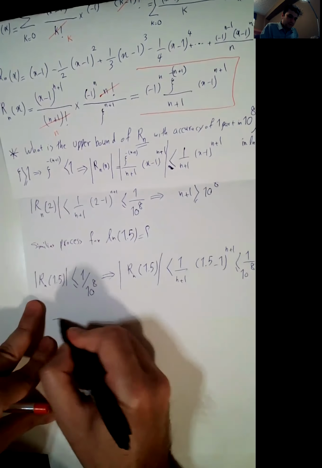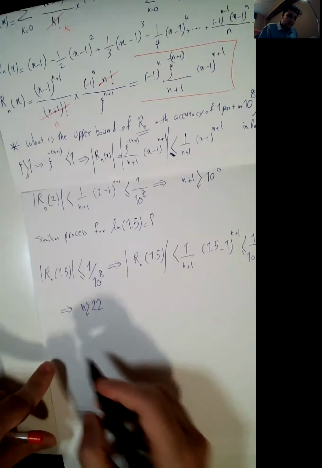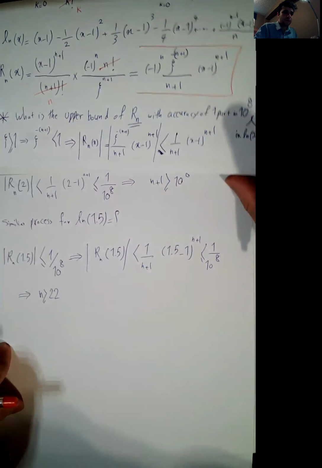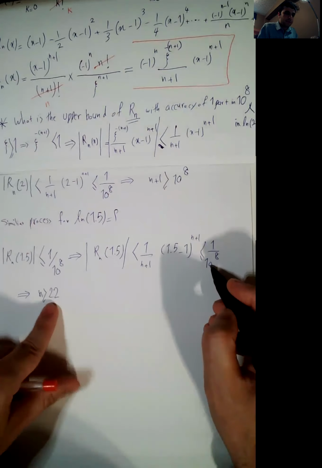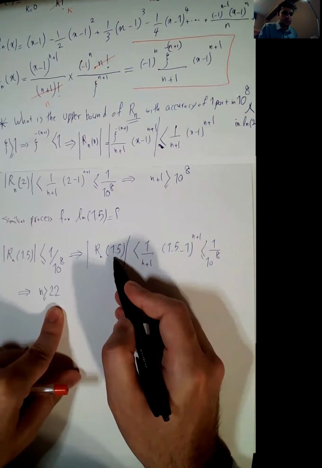If you simplify, you see that n is about 22. So what is the point here? The point is you will reach the same accuracy with only 22 terms at 1.5.